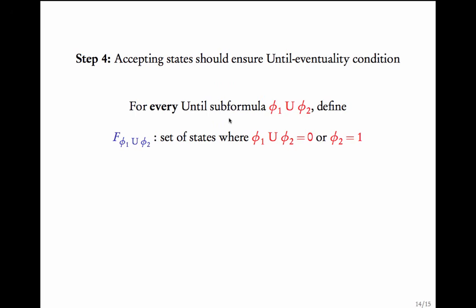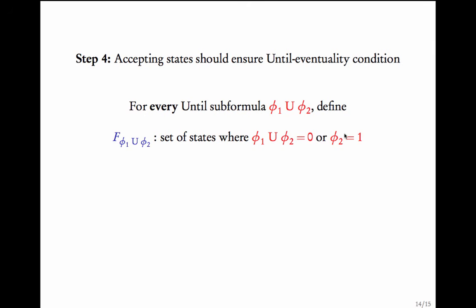For each until, you need to ensure the eventuality criterion. So what you do, for every until subformula phi1 until phi2, define the set of states F(phi1 until phi2) as the set where either phi1 until phi2 is 0 or phi2 is 1.